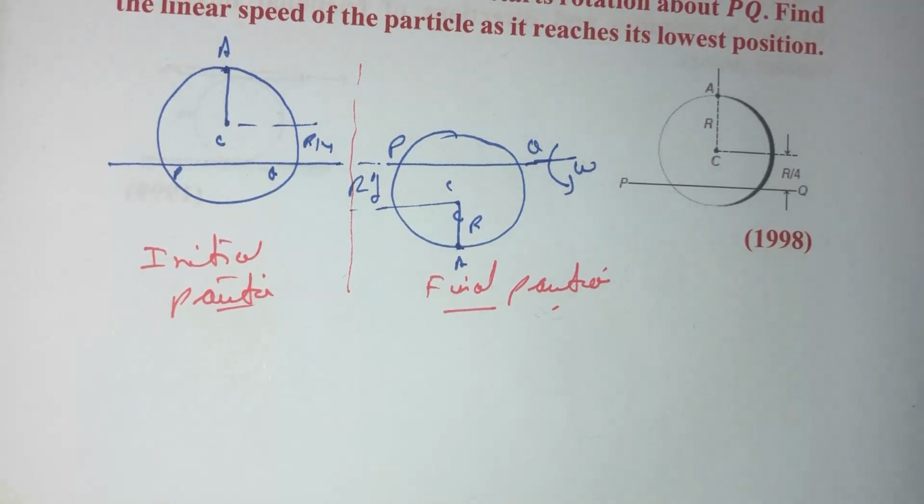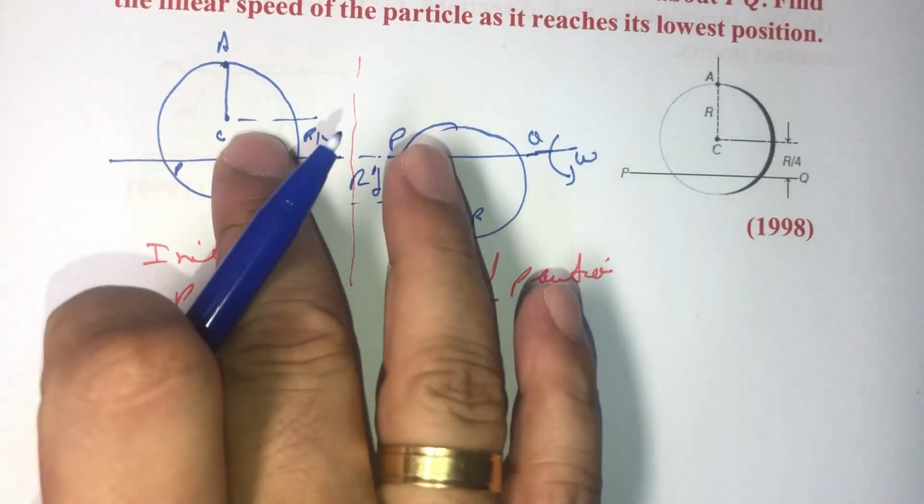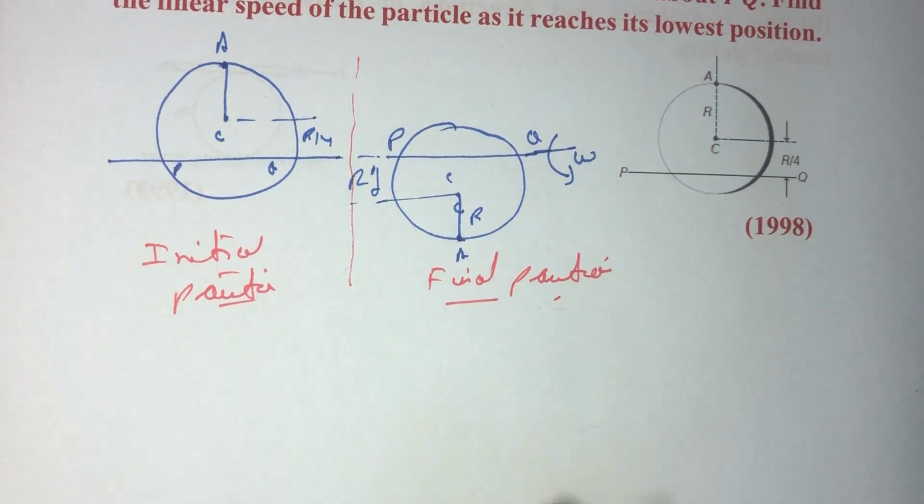So let us first of all find out initial potential energy, because it is stationary initially, so there won't be any kinetic energy.